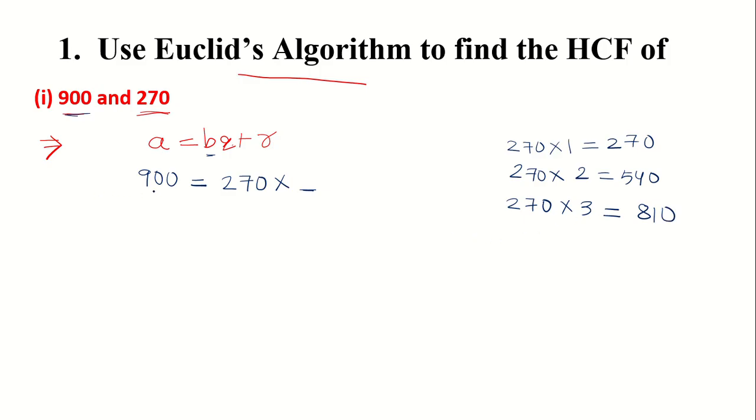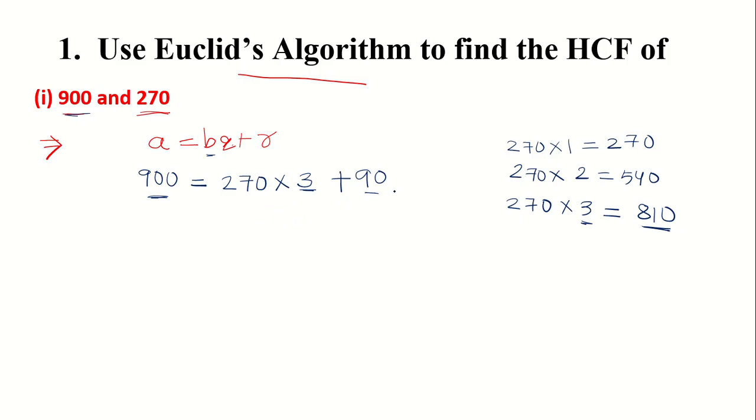So we are near to 900. So we get a remainder here. What will be the remainder? 900 minus 810, that is 90. So 90 is the remainder in the first step.